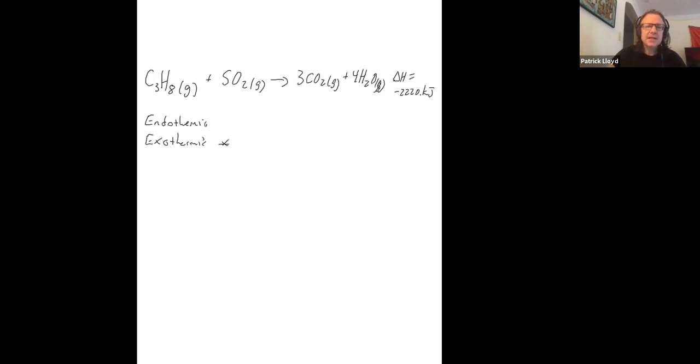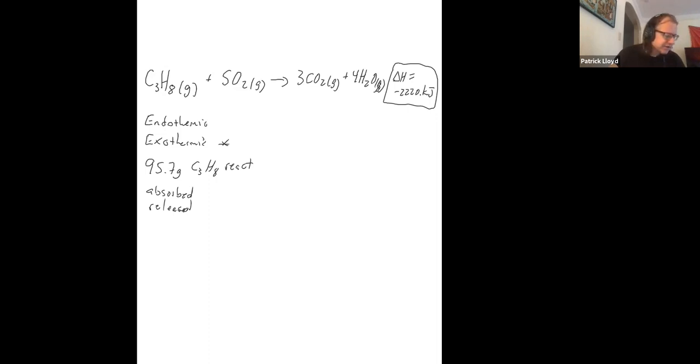Okay. Then they tell you that you have 95.7 grams of C3H8 react. And they ask you, is heat going to be absorbed or released or neither? Well, again, as long as there's a value here, as long as this is not 0, and as long as the amount of reactant is not 0, then you're going to have some exchange of energy.